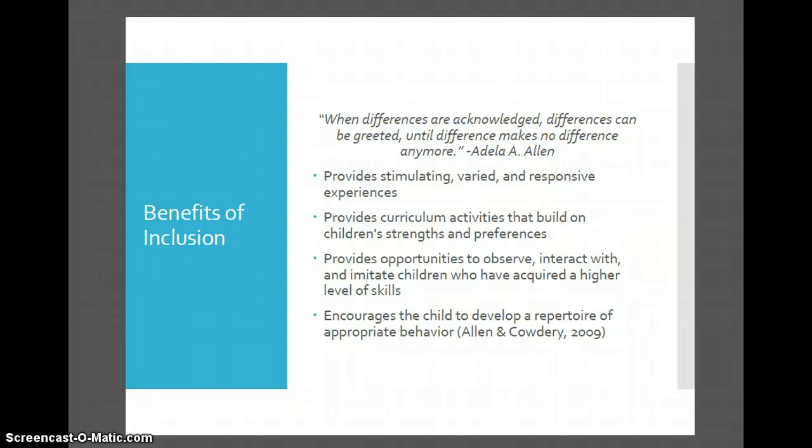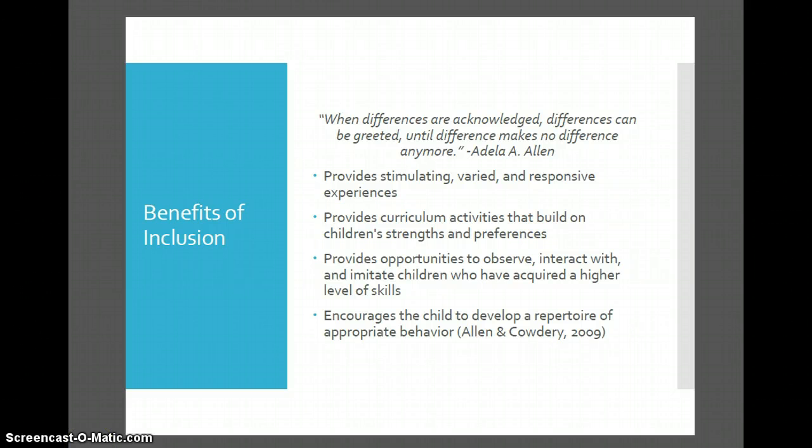Inclusion can provide curriculum activities that build on children's strengths and preferences and allow them to expand those strengths and preferences much more broadly than they might in one of those isolating environments. This third one here is one of the things that I think is especially beneficial about inclusion.